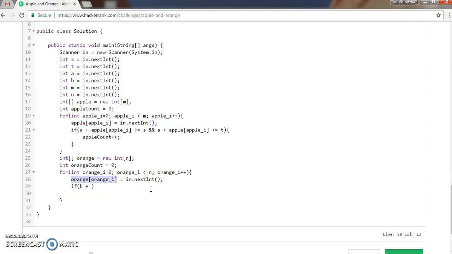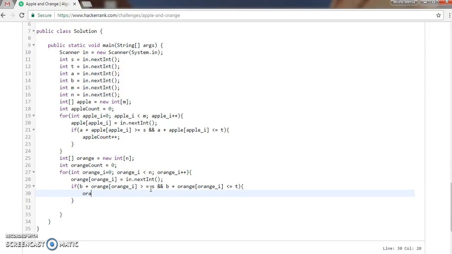This is the location where the orange will fall, which should be greater than the starting point, and B plus, which should be less than or equal to the terminating point. Okay. So we need to increment the orange count. Okay. So orange count plus plus.